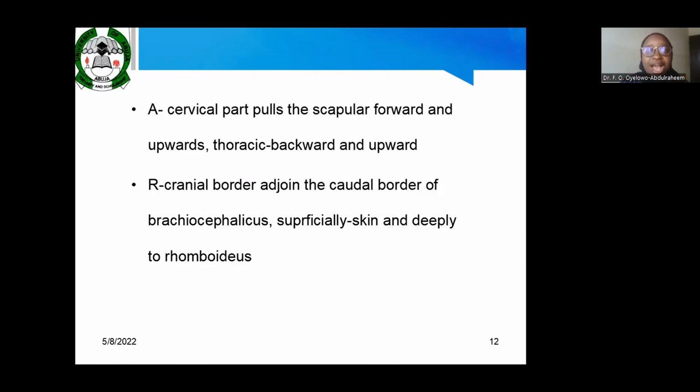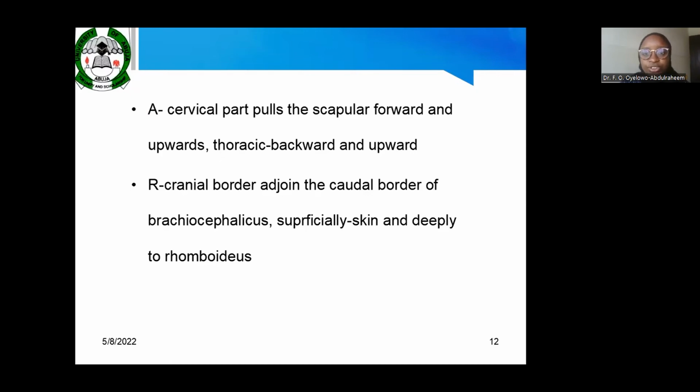Trapezius muscle acts in moving the animal forward and backward. The cervical part pulls the scapula forward and upwards, while the thoracic part pulls the scapula backward and upward. So it aids in forward and backward movements of the animal.